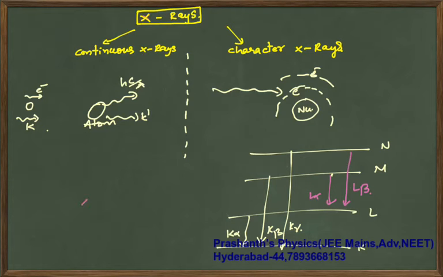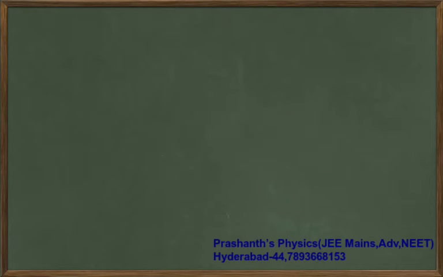Now your lambda is hc by the energy difference; for the K alpha line, it is the energy of L minus the energy of K, something like I explained in the previous lecture. Now in this lecture we will go deeper into details.